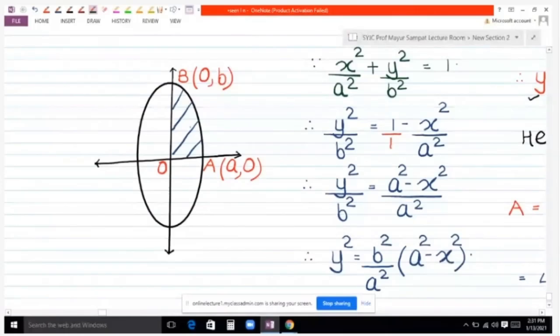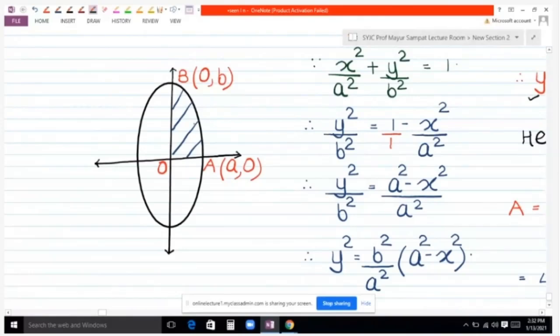And here also the procedure will be the same. The ellipse has been divided into 4 equal parts, in which we will be finding the area of one part.